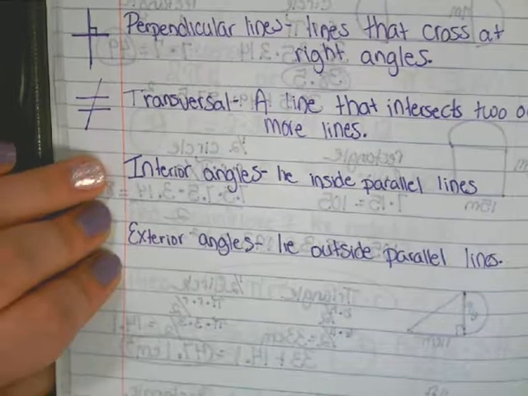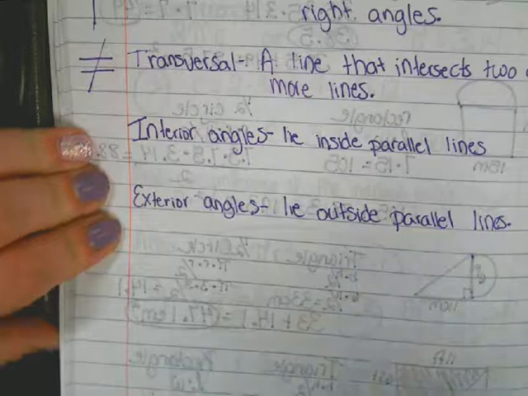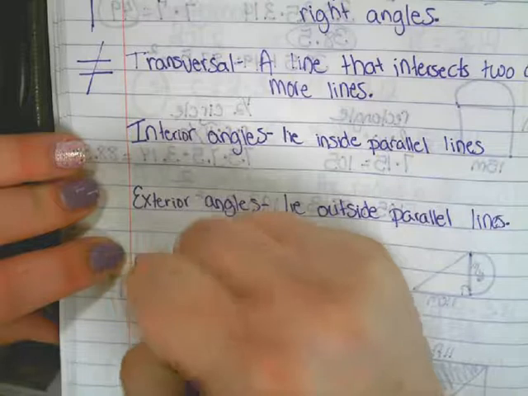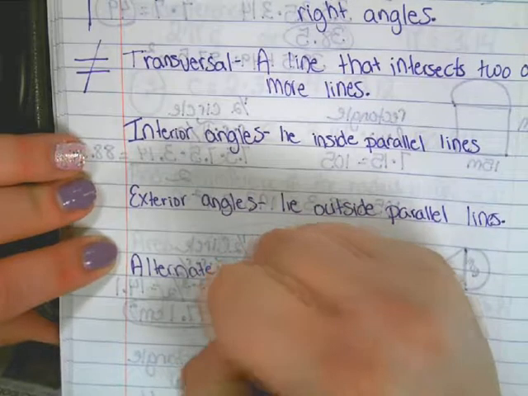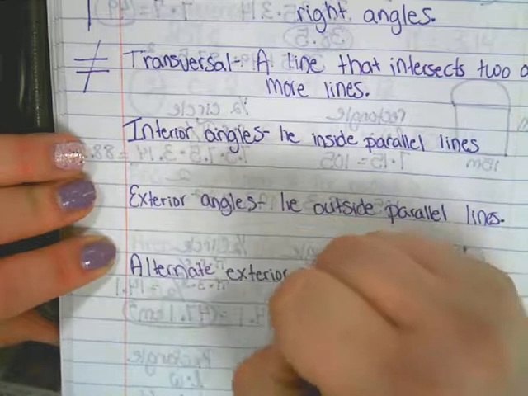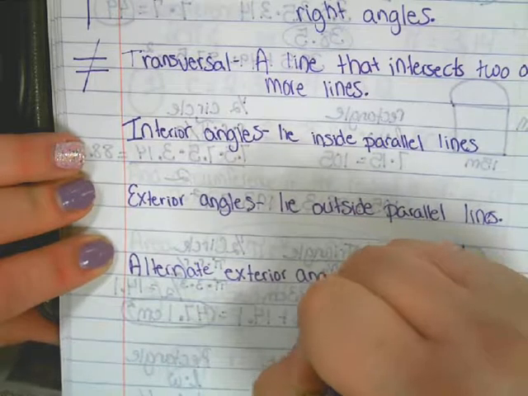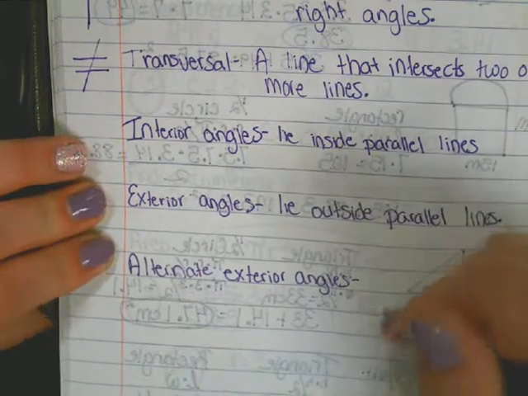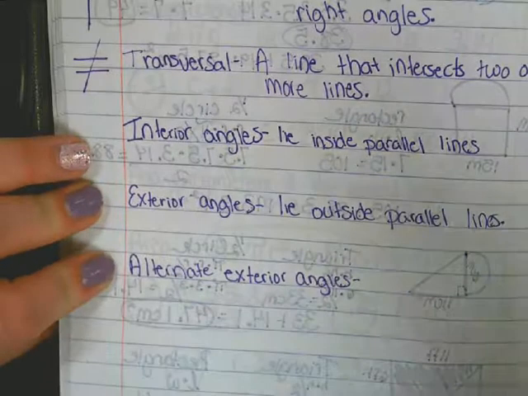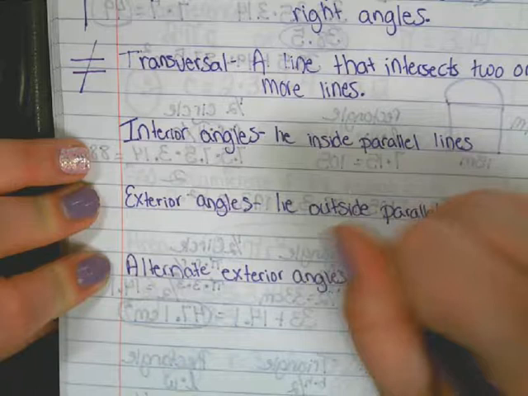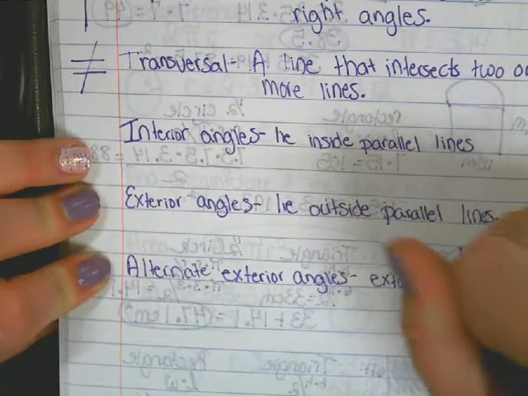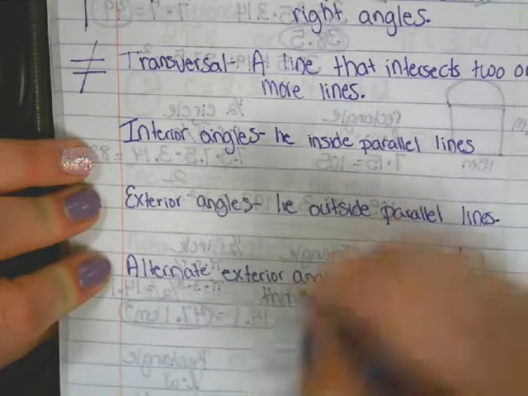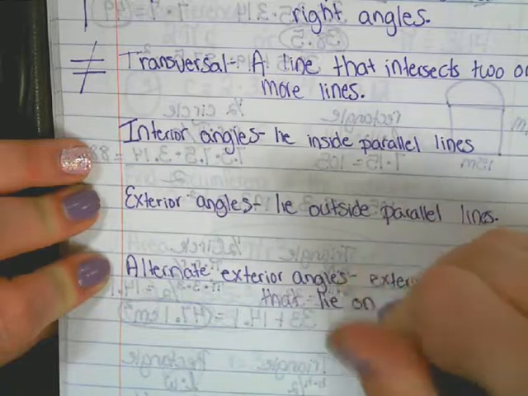The next one we're looking at is alternate exterior angles. So alternate exterior angles are exterior angles that lie on opposite sides of the transversal.